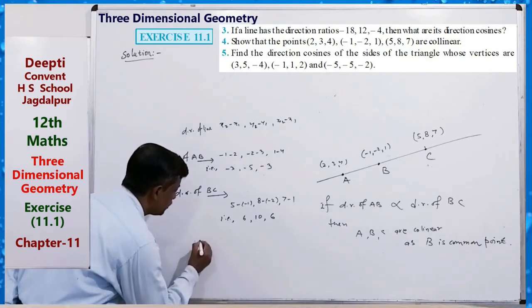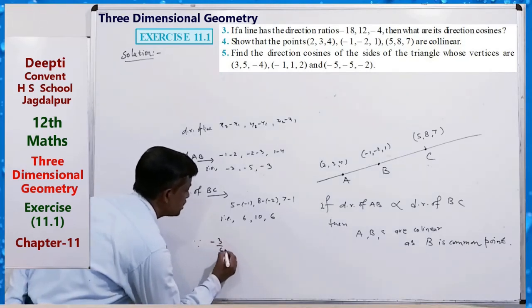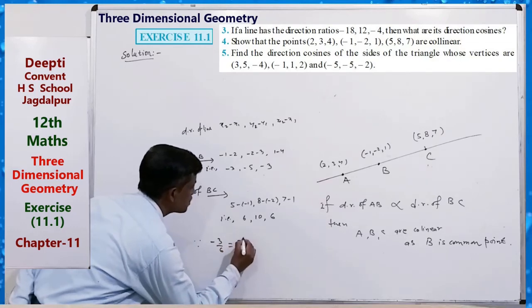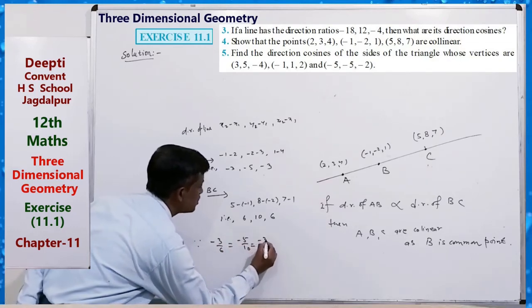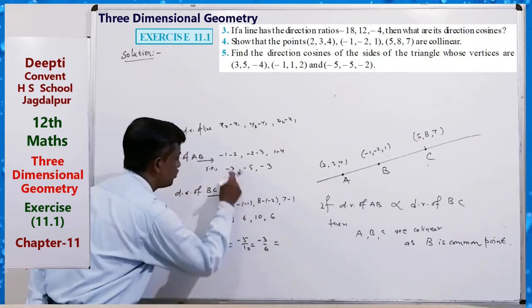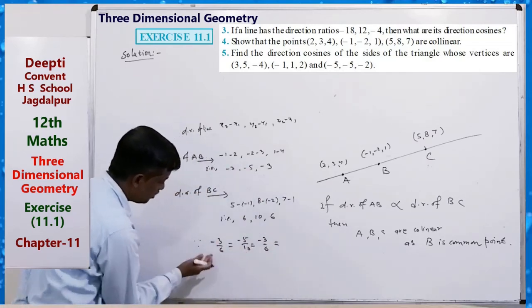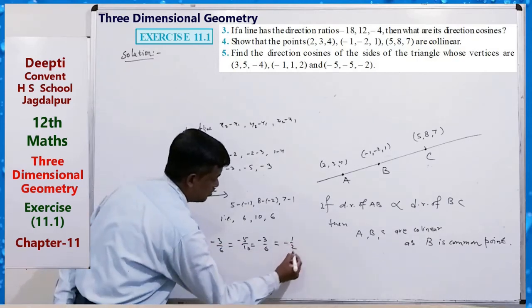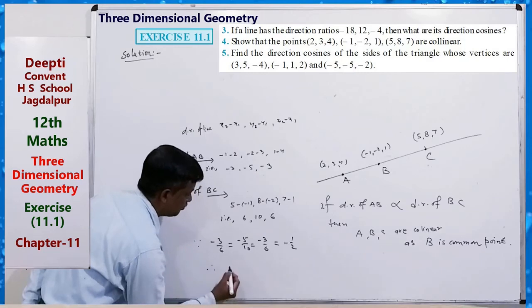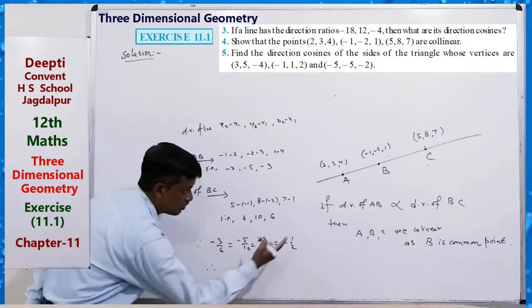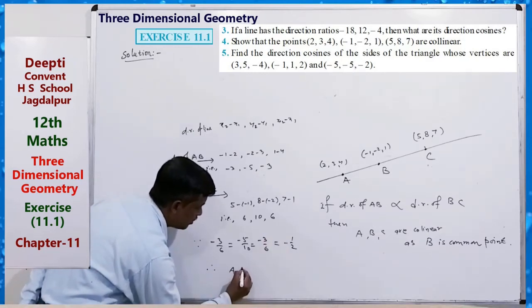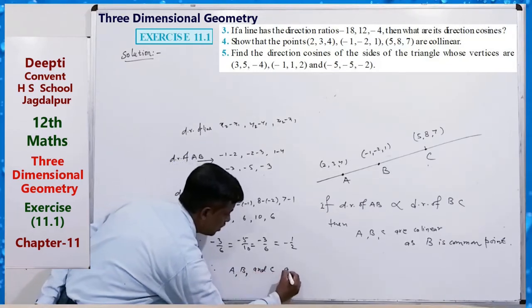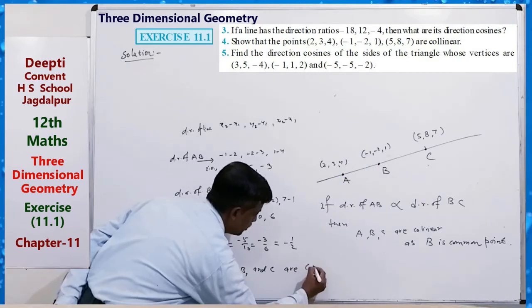Since -3 upon 6 equals -5 upon 10 equals -3 upon 6, this upon this, this upon this, this upon this, what? It is -1 by 2 each. Therefore, A, B, and C are collinear.